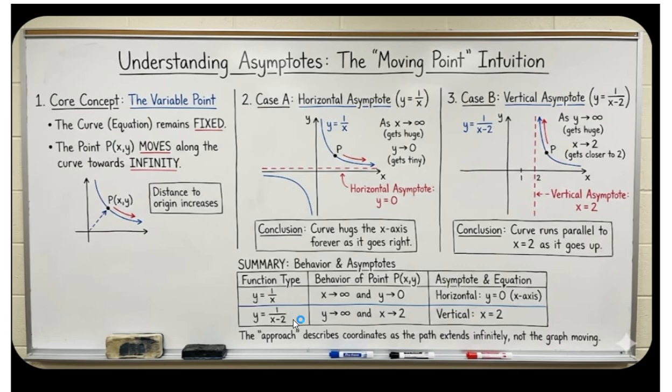In y = 1/(x - 2), as y tends to infinity, x tends to 2, and that is the vertical asymptote x = 2. The approach is described as the point extends to infinity, not the graph moving. As I told you, the curve remains fixed; only the point moves along the curve, that's all. This is how we can understand the things.